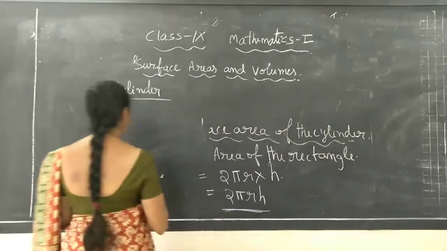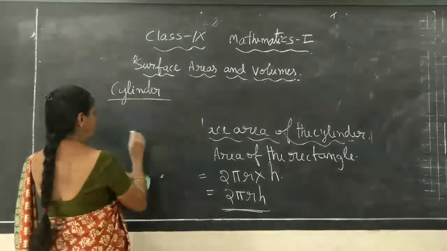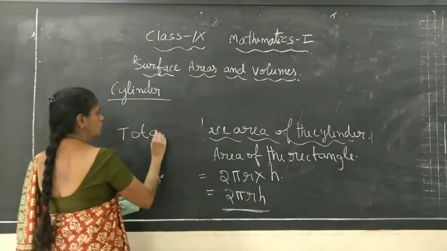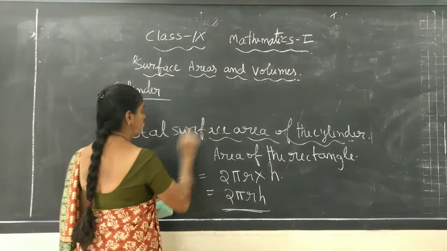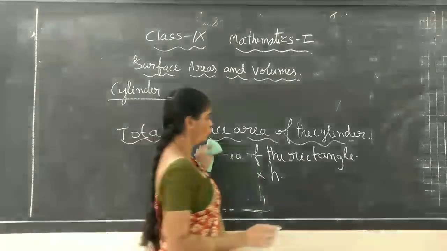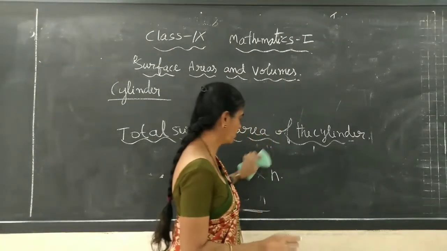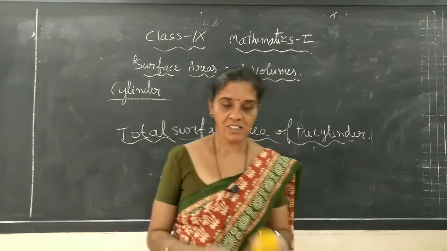Now, the total surface area of the cylinder. If you want to find the total surface, how do you get it? Very simple.